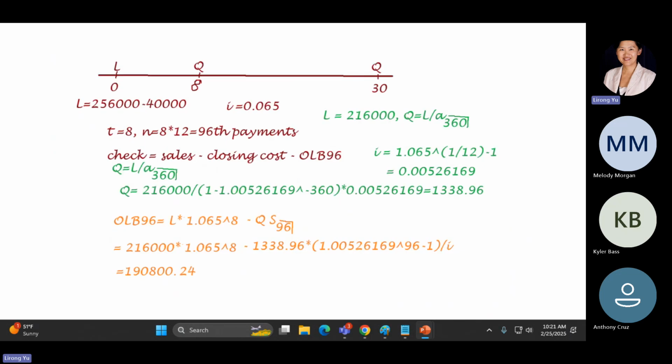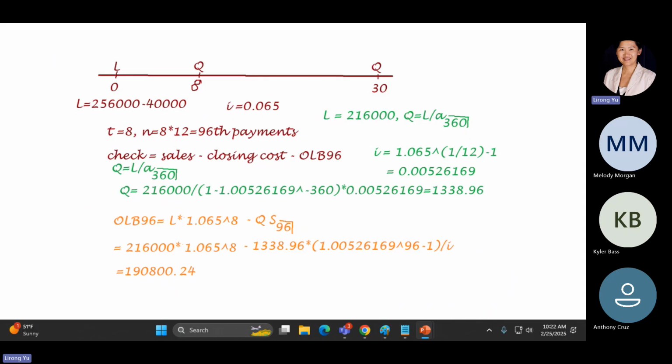To calculate the outstanding loan balance at 96 months, the loan amount is L. And then 8 years later, you have your annual interest rate, 1 plus I raised to the power 8. And then minus the 96 payments, their total value at time 8 years, 96 payments later.